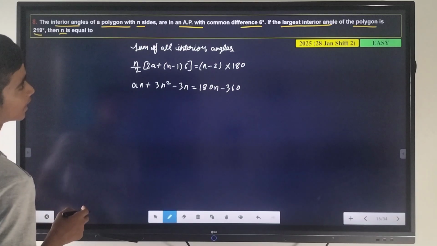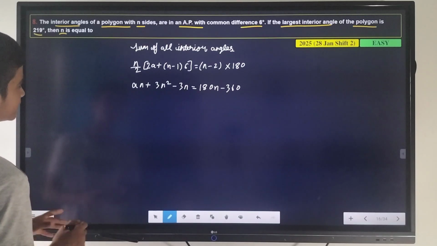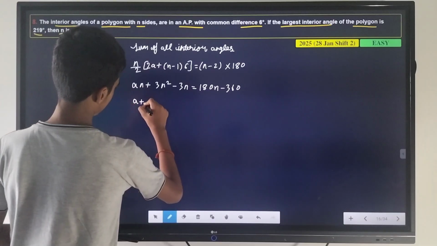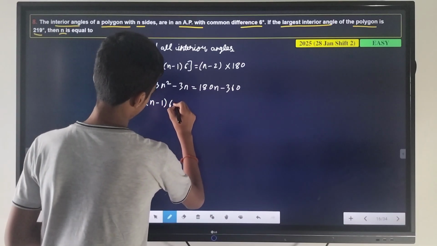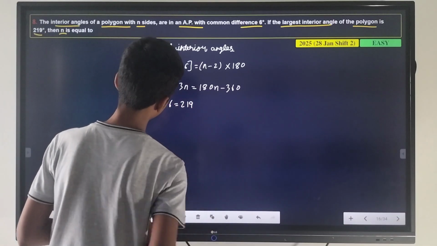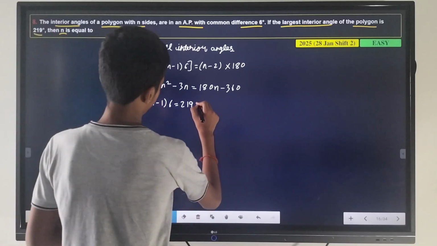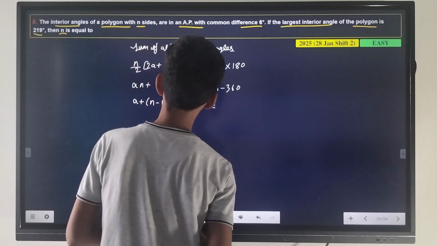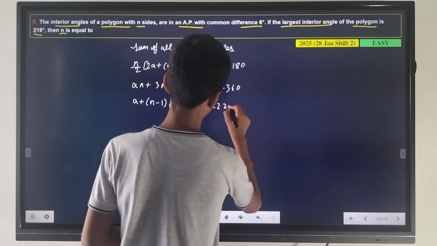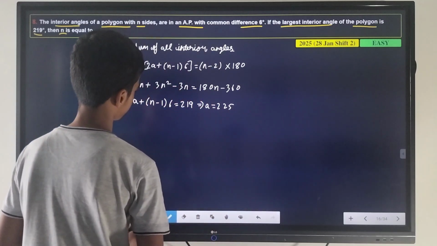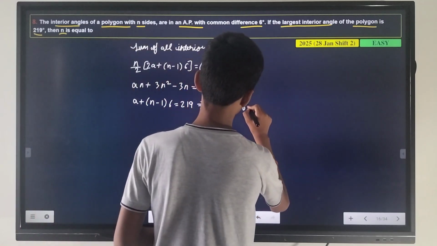Now let's use the largest interior angle is 219 degree. So a plus n minus 1 into 6 is equal to 219 degrees. From here, a is equal to 225 degrees minus 6n.